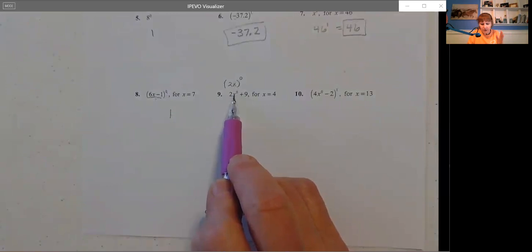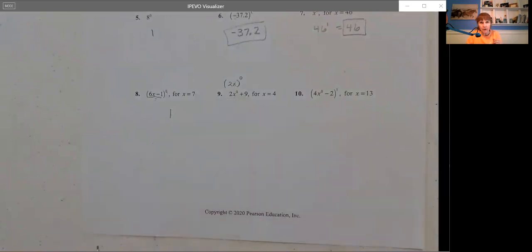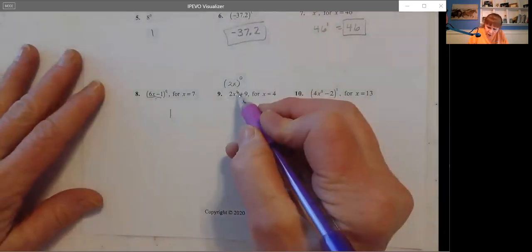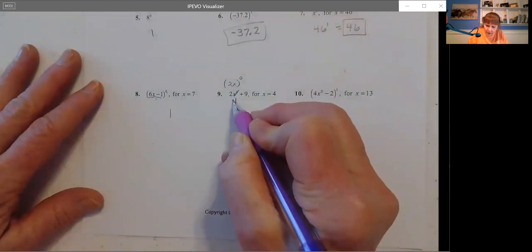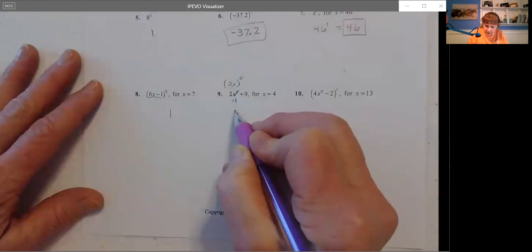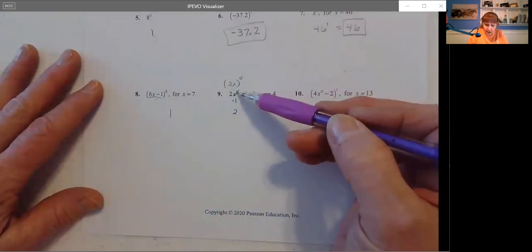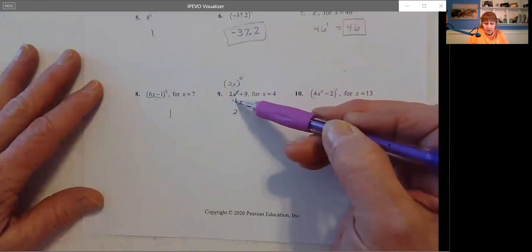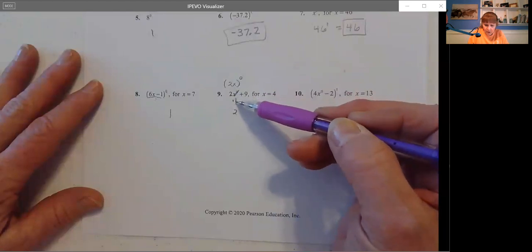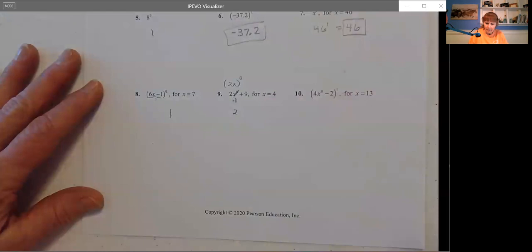This, however, the 2 has a power of 1 on it. The x has a power of 0. So it's just the x that has a power of 0, which makes it 1. 2 times 1 is 2. Because remember in PEMDAS, you have parentheses, you do exponents, and then you multiply. So the exponent created a 1, and it's 2 times that, plus 9.